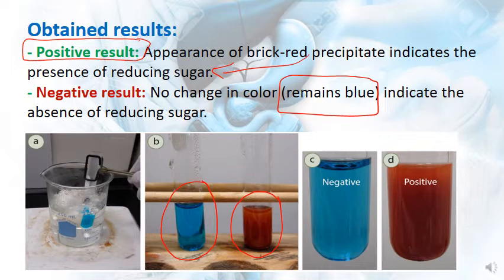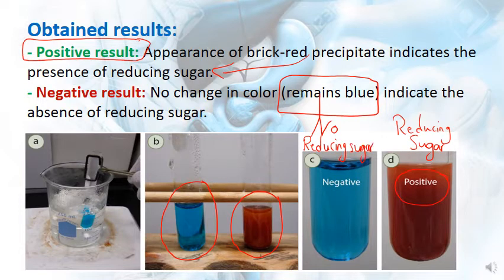If it's a positive result, we will have a brick red precipitate, which means we have reducing sugar. While if the color remains blue, with no change in color, this means absence of reducing sugar.